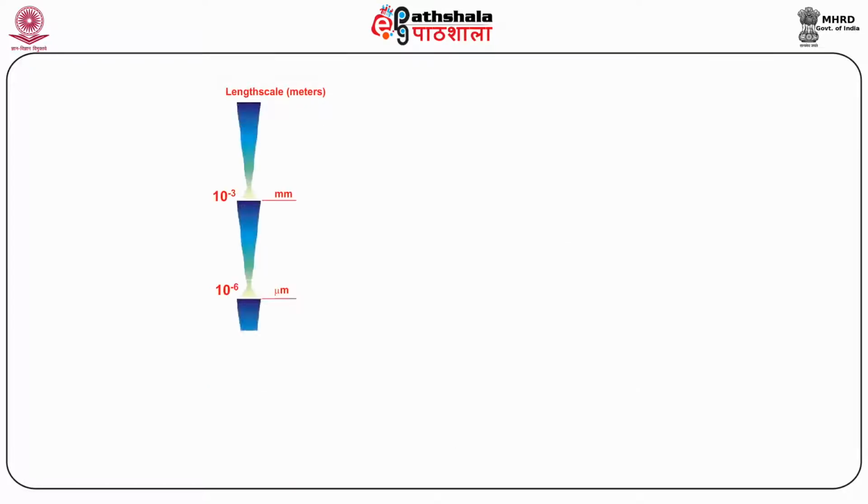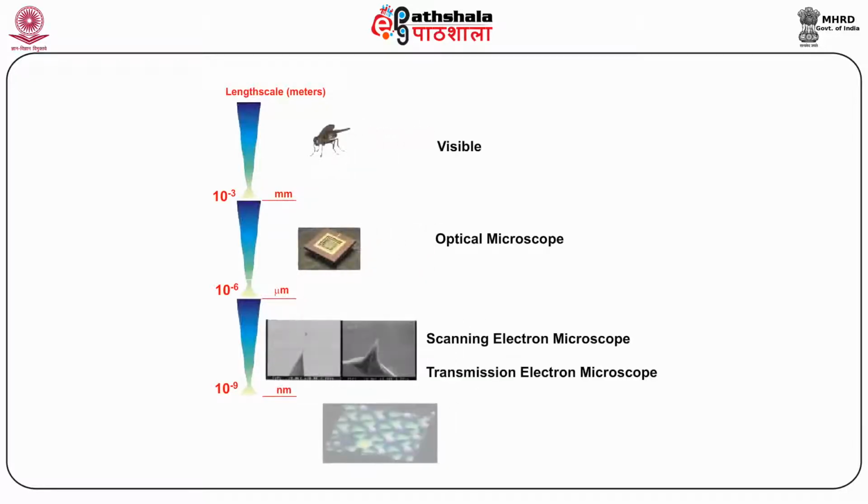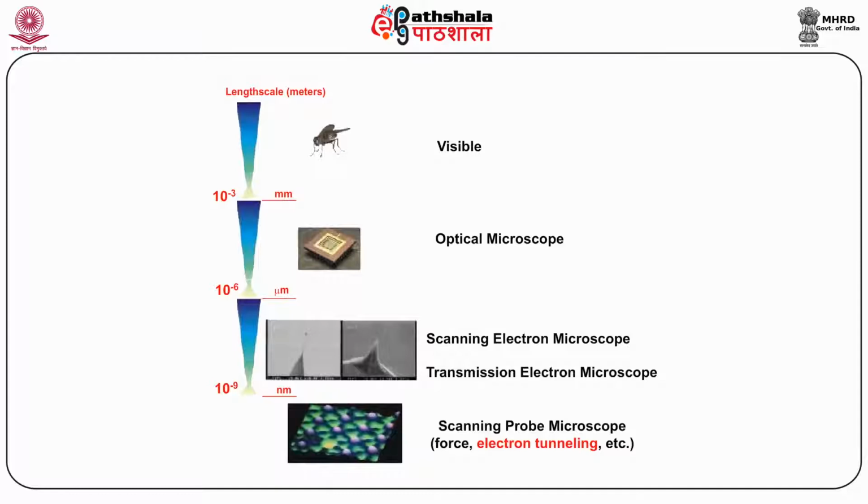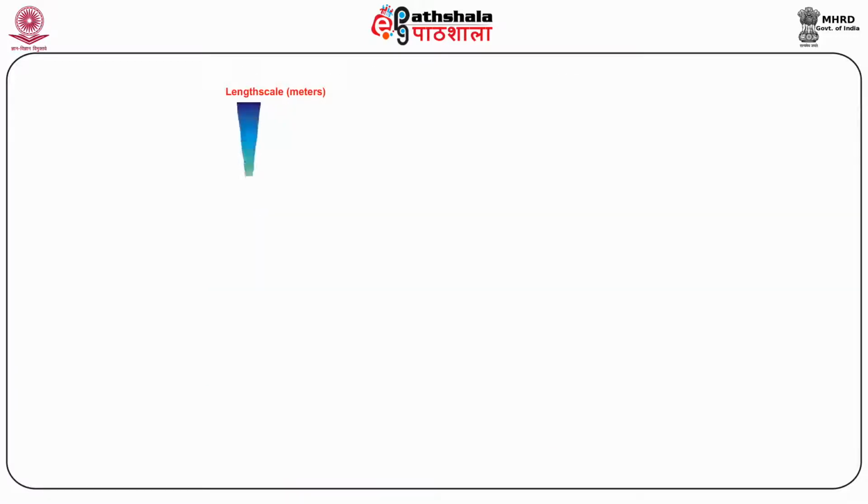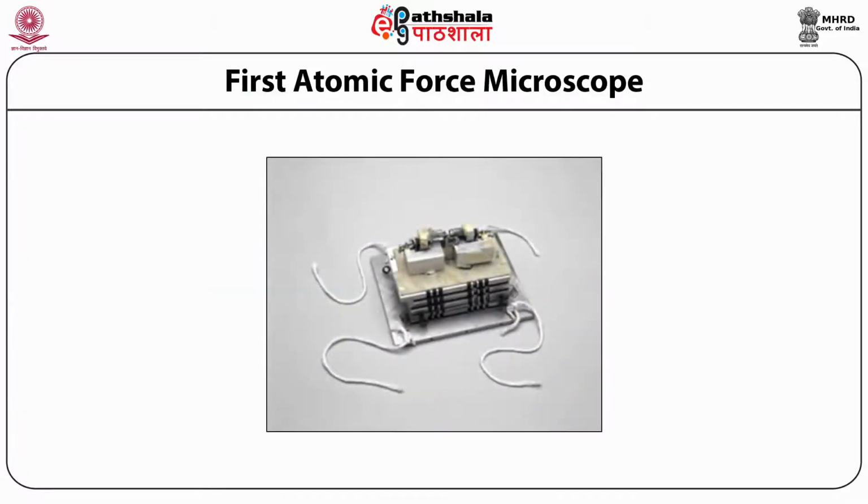And at 10 to the power minus 9 meters, we need a scanning electron microscope or transmission electron microscope. Below this, we require a scanning probe microscope. This is a force which does the electron tunneling, etc. A diagram of the first atomic force microscope.